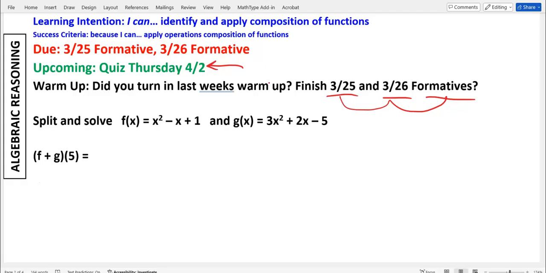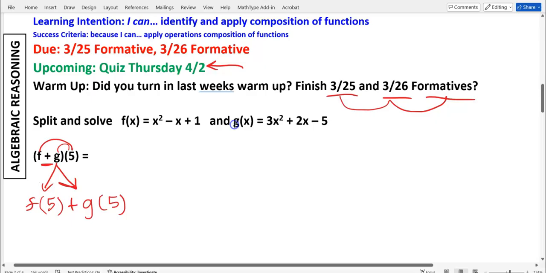So instead of having f plus g of 5, you're going to split it into f of 5, plus, and then g of 5. That is what you could type into Desmos. Okay?